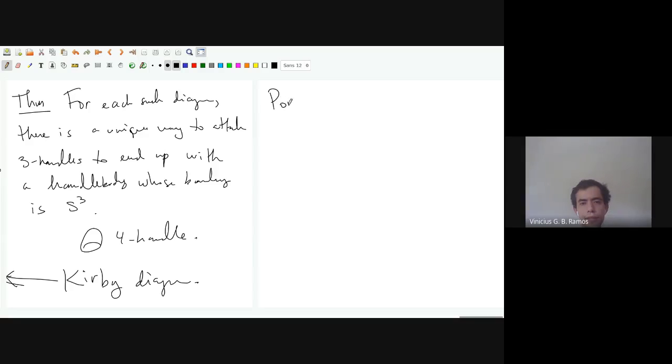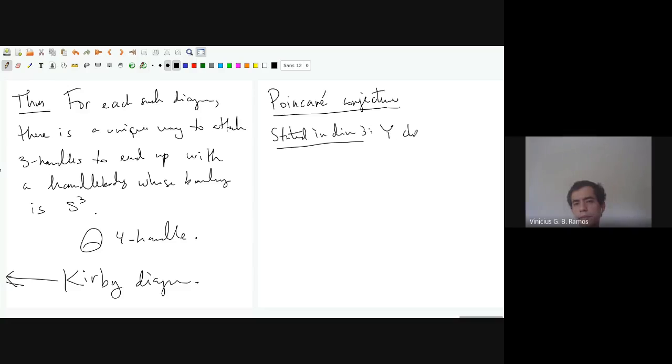So let me remind you, you've probably heard about this, the Poincare Conjecture. Initially, it was stated in dimension 3. It actually turned out to be very hard in dimension 3. So it was stated like this. So say that Y is a closed 3-dimensional manifold that's closed and connected.